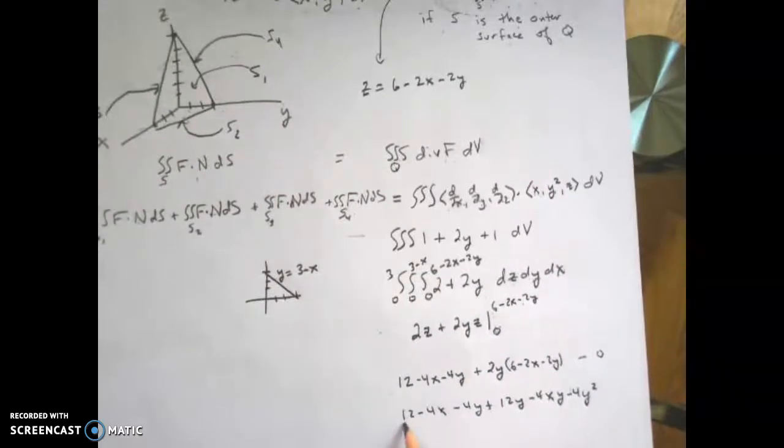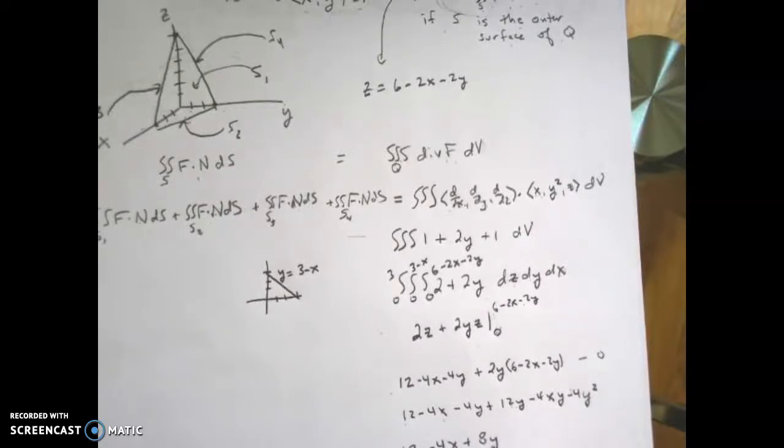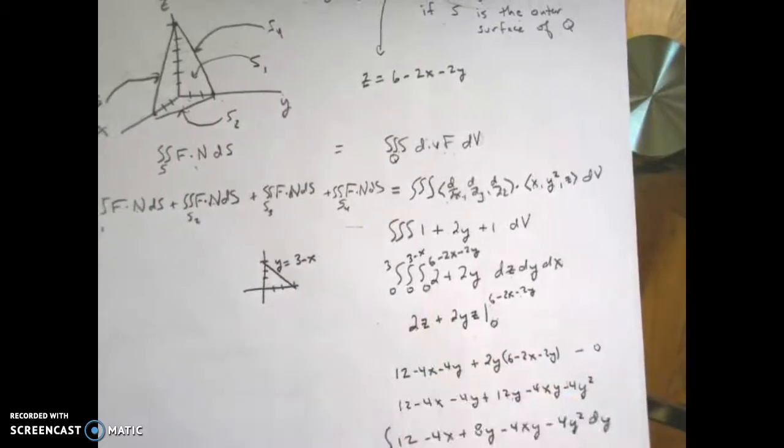Combining like terms, we've got 12 minus 4x plus 8y minus 4xy minus 4y squared. And we're integrating that with respect to y, and the y went from 0 to 3 minus x.